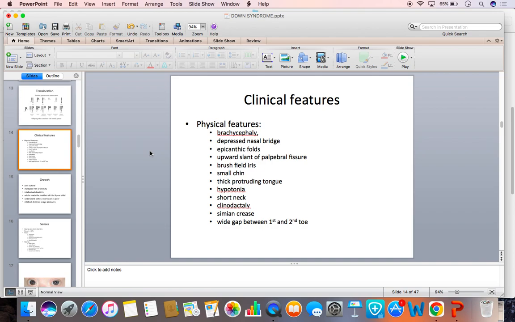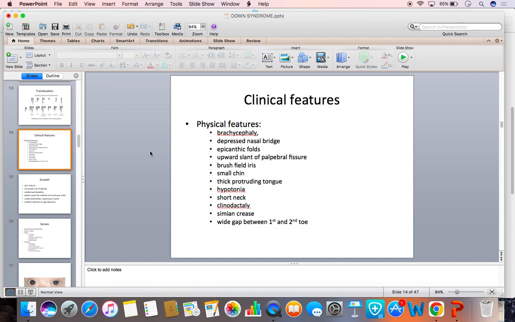Hypotonia. Short neck, need not be always. Clinodactyly, that is inturning of the little finger. Simian crease, that is a single palmar crease. Wide gap between the first and second toe, that is sandal toe.